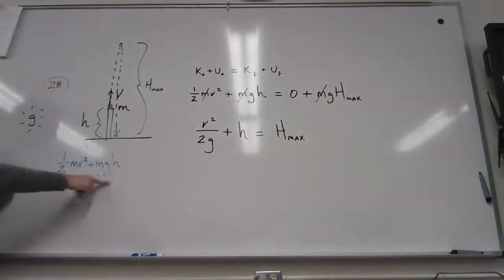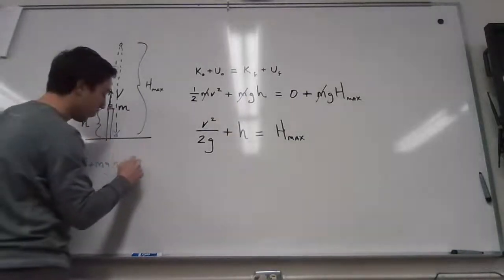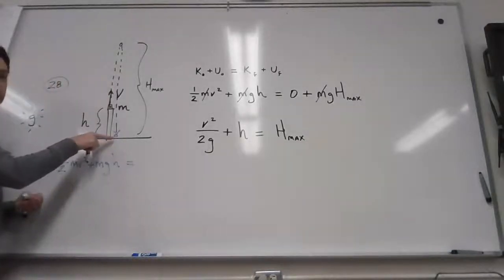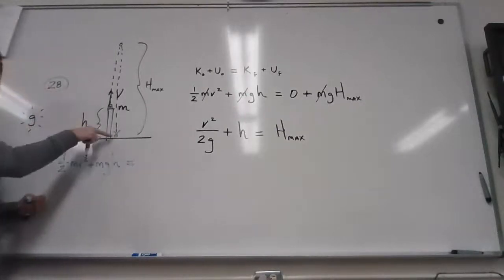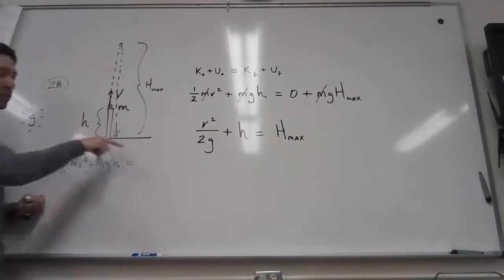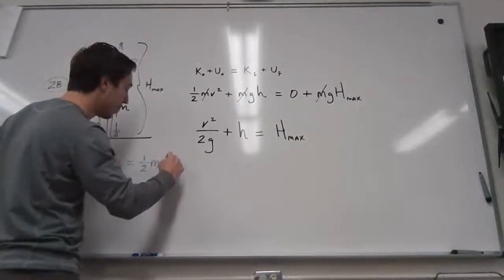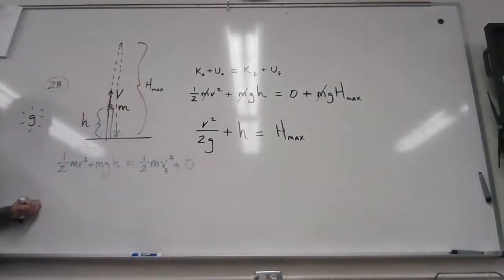Again, that's the starting energy, how much energy he had right here. What will I write here for the final energy at this moment in time? How much potential energy does he have right there? None. So it's going to be 1/2 m v final squared plus nothing.